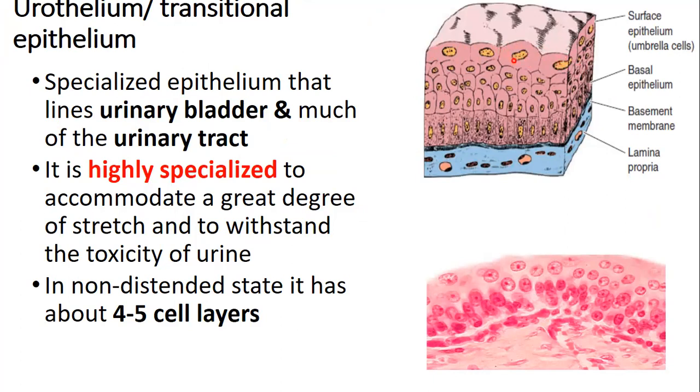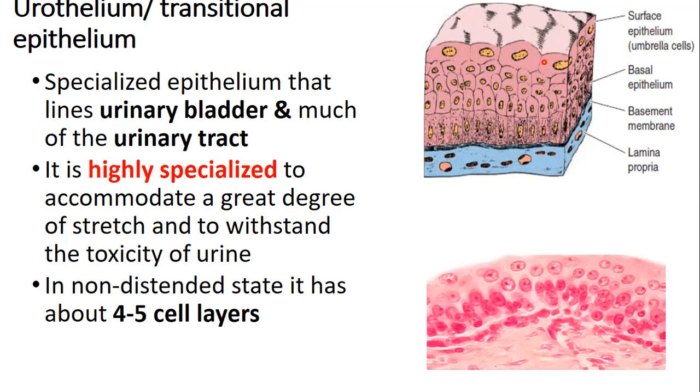Rather, these cells, because of being broad on the top and narrow in the bottom area or the basal area, are considered umbrella-shaped cells. We call these cells facet cells or umbrella cells.